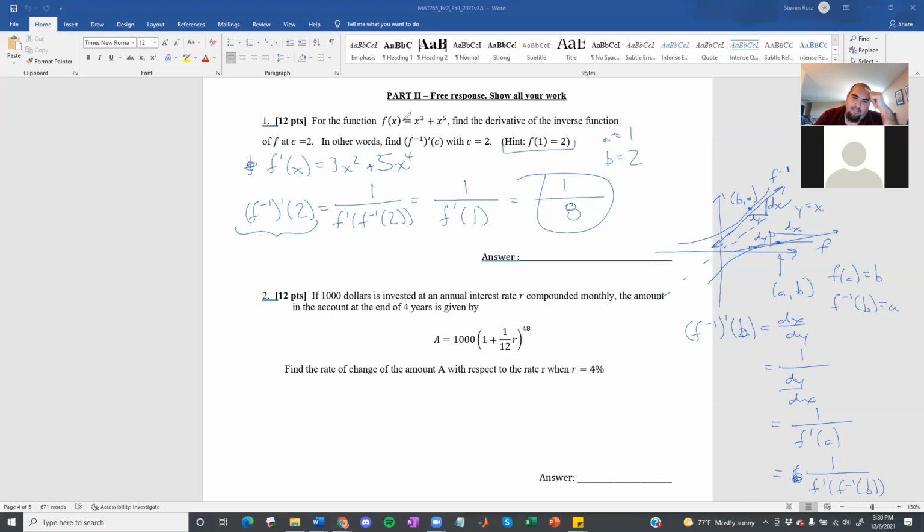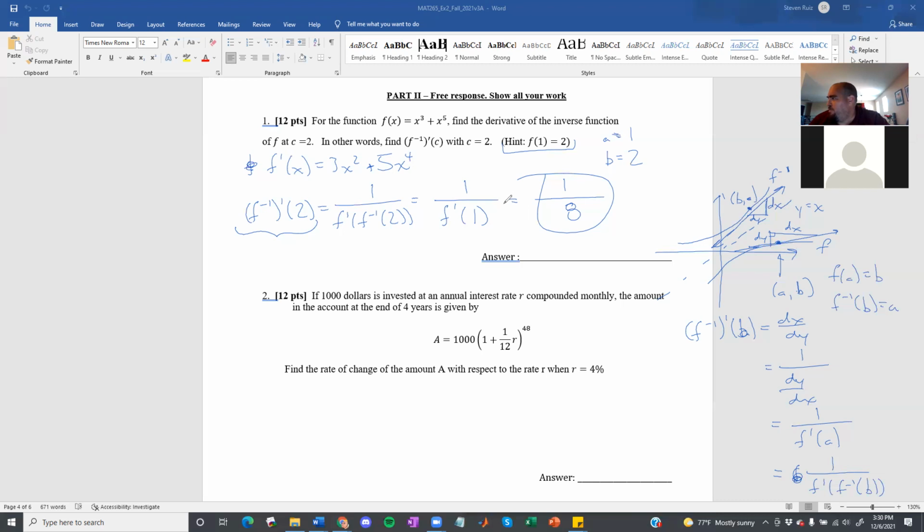I think it can be done, but we're never going to be asked to actually find it. I mean, if you could find the inverse, you wouldn't need that theorem. Right. But I'm guessing maybe on the test. I highly doubt it, but the inverse function theorem might be on the test. It's something we've definitely talked about.